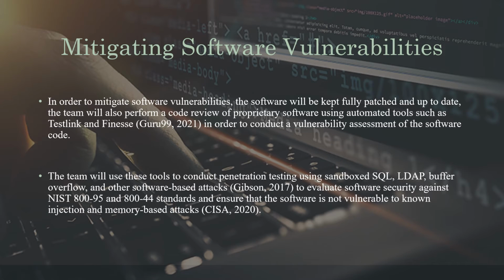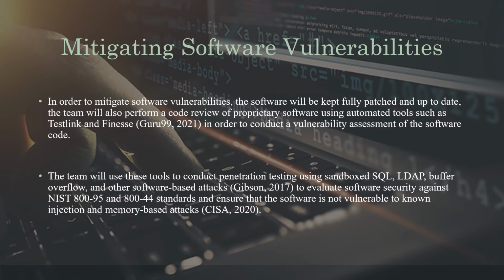Okay, so mitigating software vulnerabilities is a very important aspect of software development and software procurement. In order to mitigate software vulnerabilities, the software needs to be fully patched and up to date. Again, whether we're using commercial software or internally developing software, it doesn't matter. It has to be fully up to date.